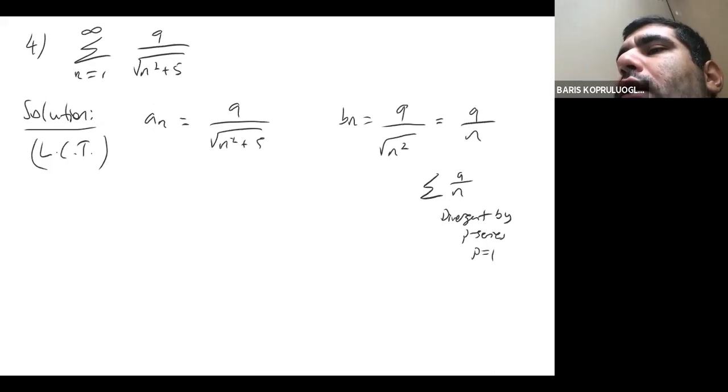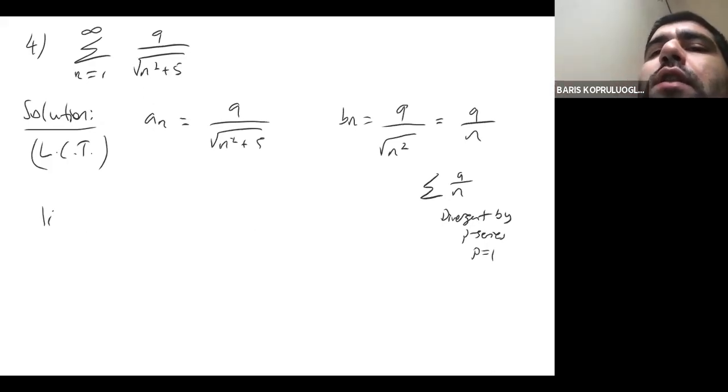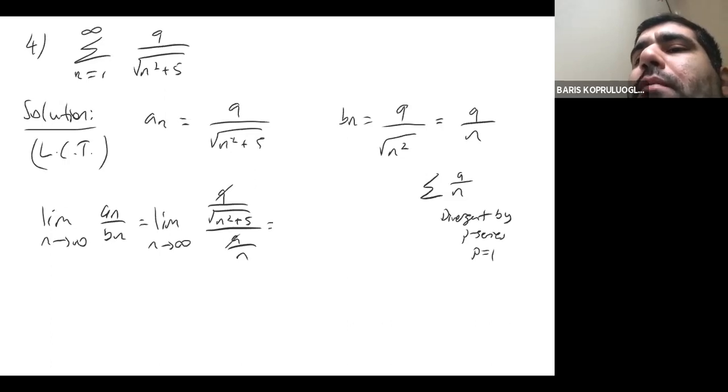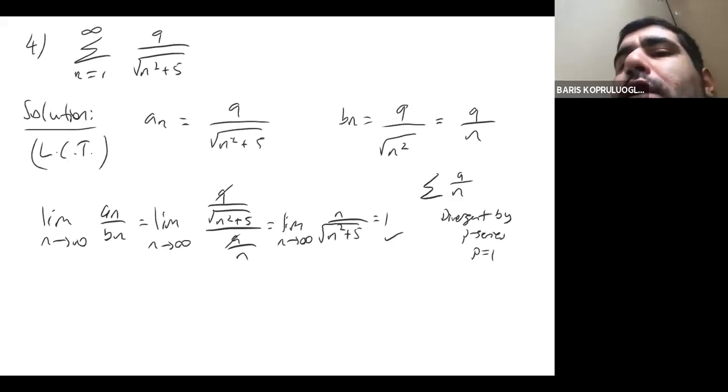because p is 1. And then if you calculate the limit of a_n over b_n, the 9s are gone. And if you flip n, I think the limit is going to be 1, which verifies that we can use the limit comparison test.